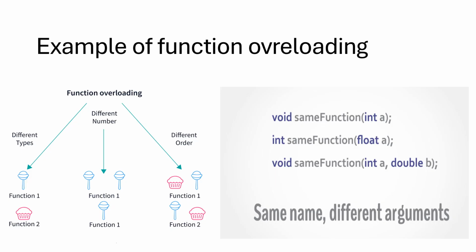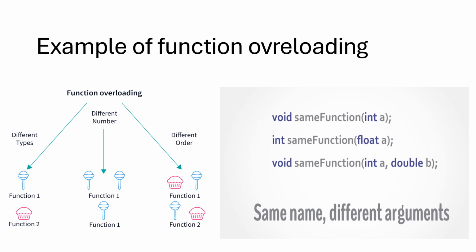This is an example of function overloading. In this example, we are using void, same function name, and in the parameters we have integer a. Next is the same function with float a. Next, void same function with integer a comma double b.